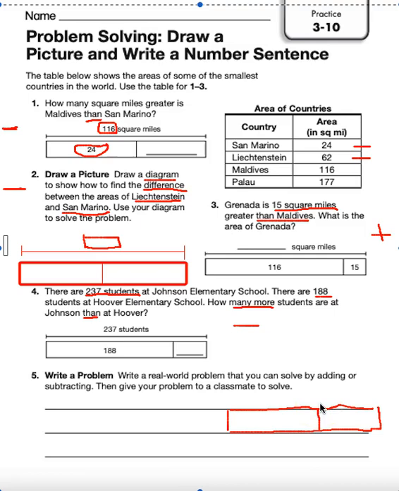Is it going to be a subtraction problem or is it going to be an addition problem? You can use some of these up here and make them your own if you want to, or you can make up your own. So I went ahead and I made my part. Didn't make my whole yet.